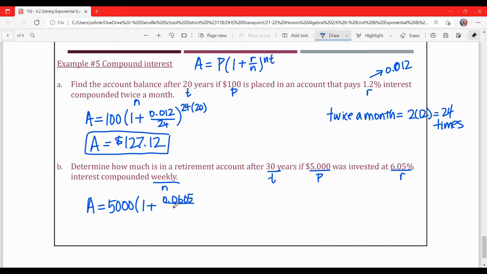My n is weekly, which means 52 times a year. My exponent is n, which is 52, times t, which is 30. If I plug this into my calculator, after 30 years, I will have $30,673. That's a little bit better.